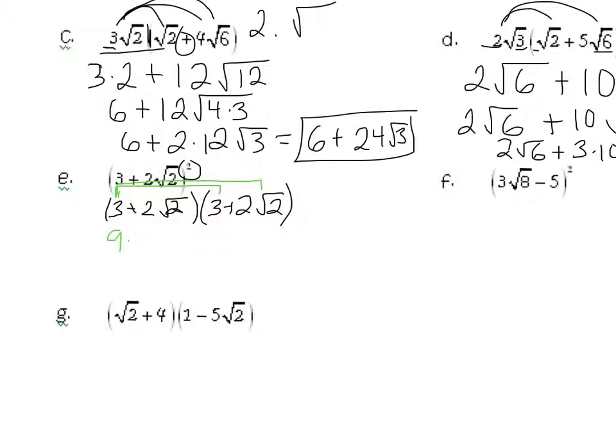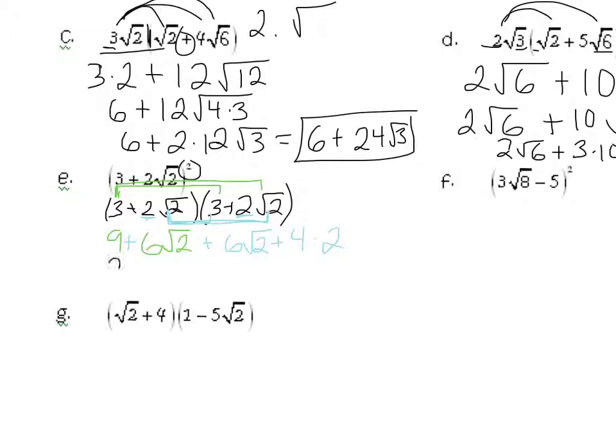Outers. 3 times 2 is 6 square roots of 2. Okay. Inners. 2 times 3 is 6 square roots of 2. And lasts. So 2 times 2 is 4. Square root of 2 times the square root of 2 is 2.